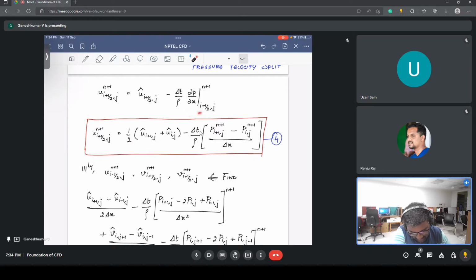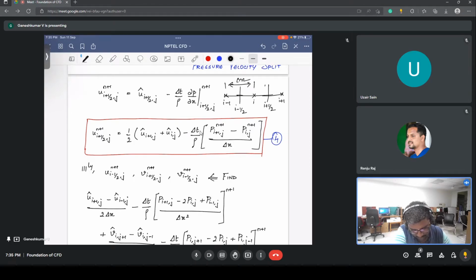So you can see that i plus half, right? If you draw the stencil here, this is i, this is i plus half, this is i plus 1, and i minus 1, this is i minus half. From here to here the distance is delta x.